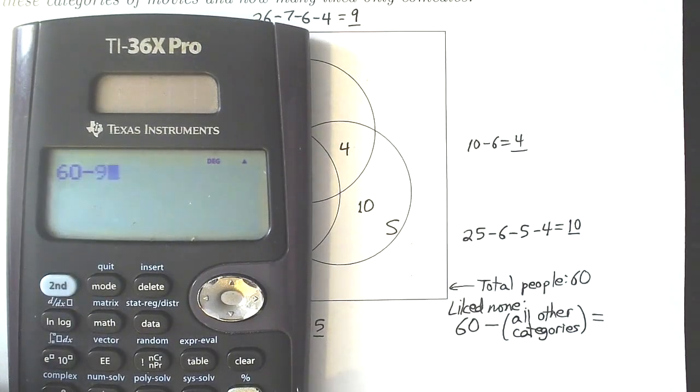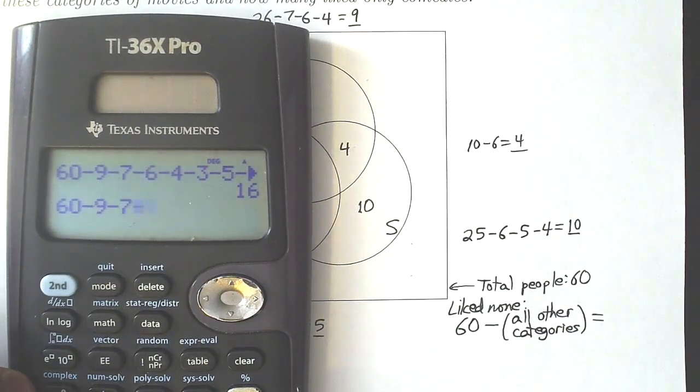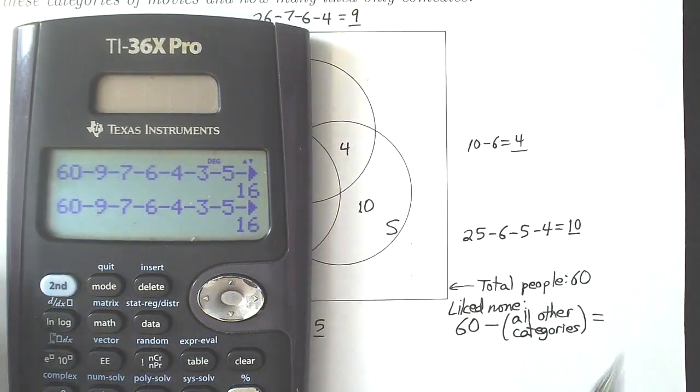So I think minus 9, minus 7, minus 6, minus 4, minus 3, minus 5, minus 10. Let me double check that. 60 minus 9, minus 7, minus 6, minus 4, minus 3, minus 5, minus 10. Yeah, okay. 16.